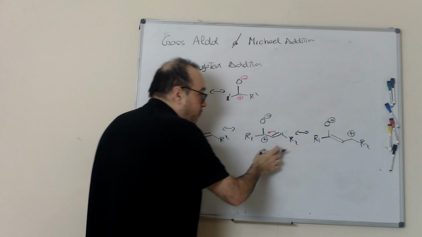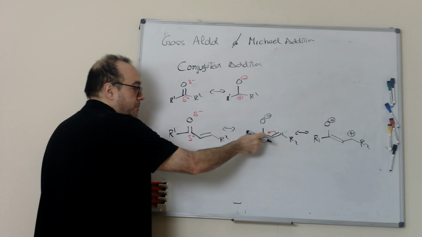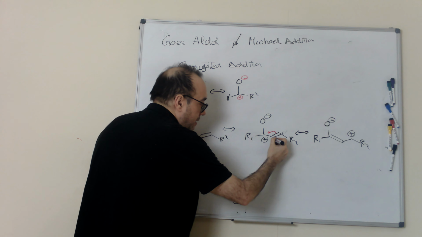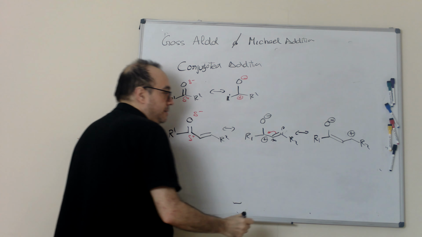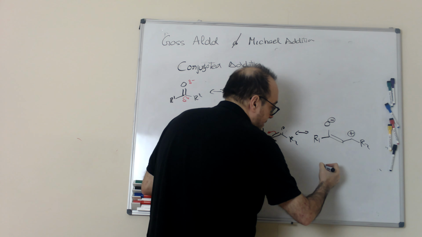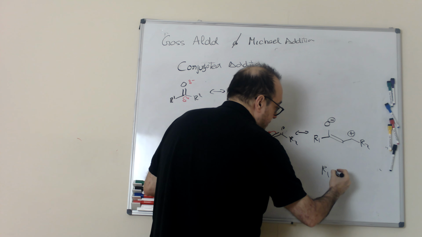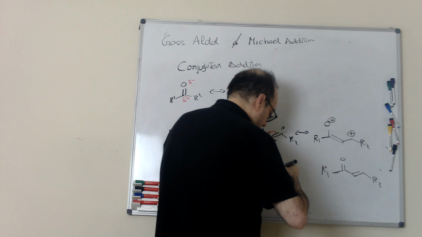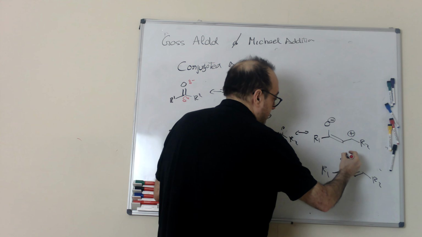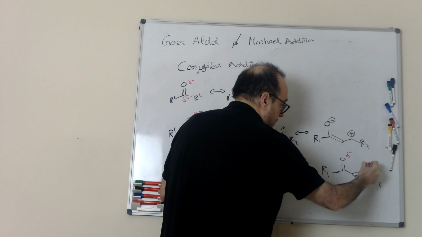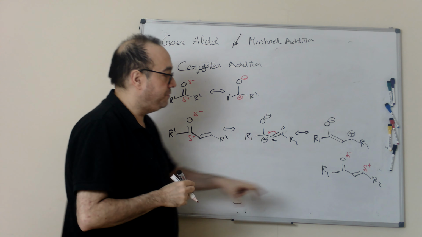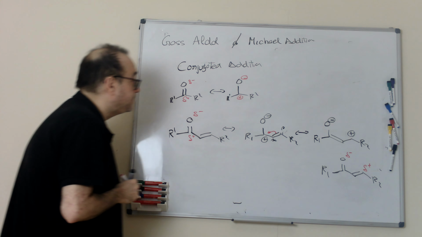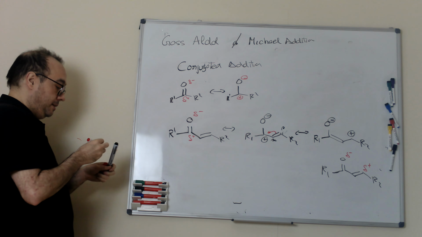That means we can move the positive charge from the carbonyl position to the beta position, remember, alpha, beta. Following the same analogy as before, we have a positive charge density in this carbon, in the beta carbon.